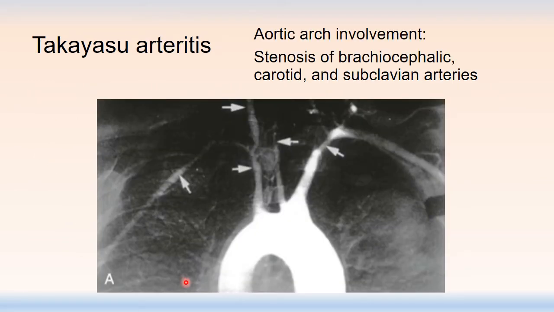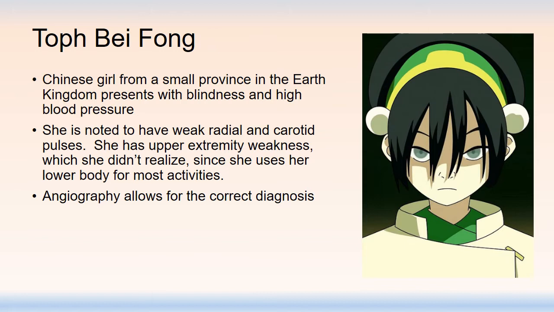This arteriogram shows the presence of aortic arch involvement in Takayasu arteritis with the arrows showing stenosis of brachiocephalic, carotid, and subclavian arteries. With this image, you can readily identify why these patients might have claudication of their upper extremities and even pulselessness.